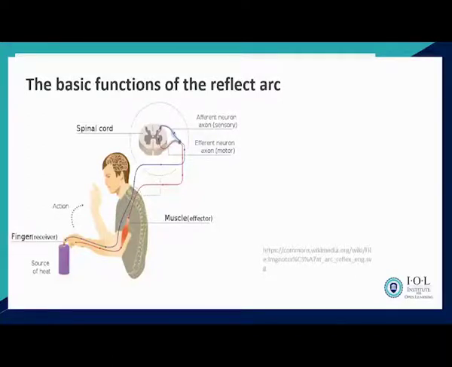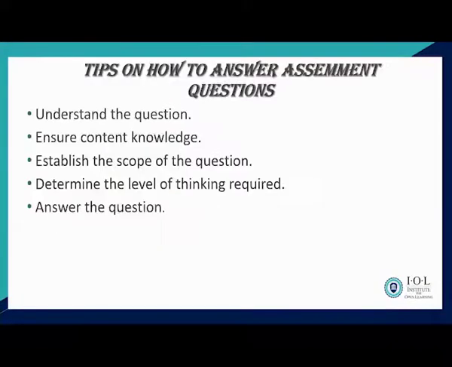The sensory neuron transfers it to the spinal cord or the central nervous system, depending on where the reflex is taking place, and then it is relayed to the effector neuron, the motor neuron, which transmits it to the effectors, which can be muscles or glands.